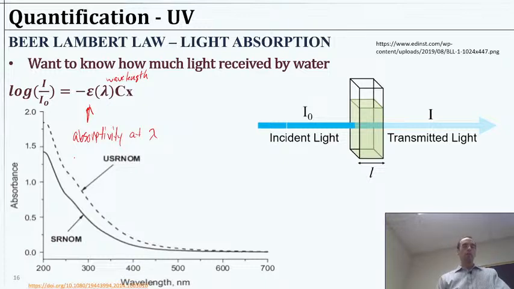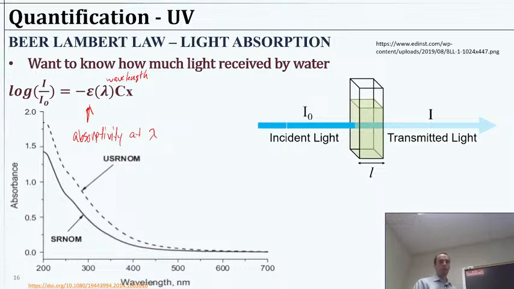In this graph down here, we see SRNOM, that's Suwannee River Natural Organic Matter. I don't remember what river that is. But two different river waters, we see the organic matter that happens to be in them absorbs light with a profile that looks like this.